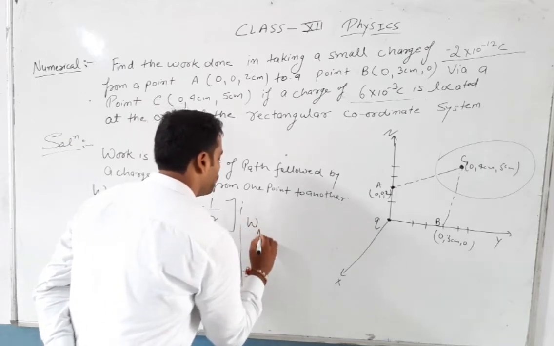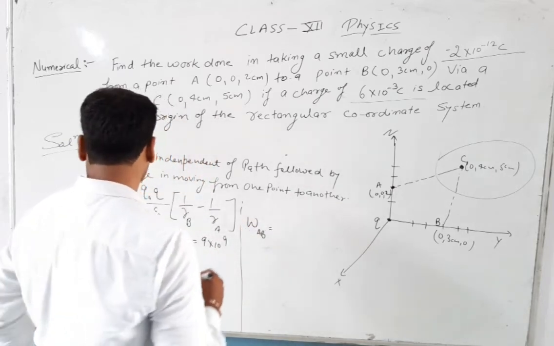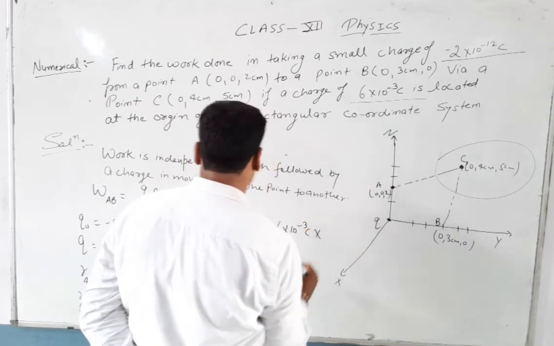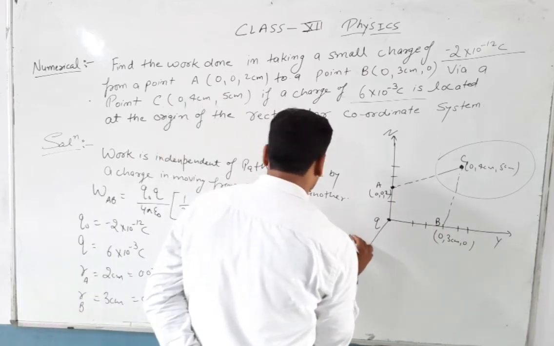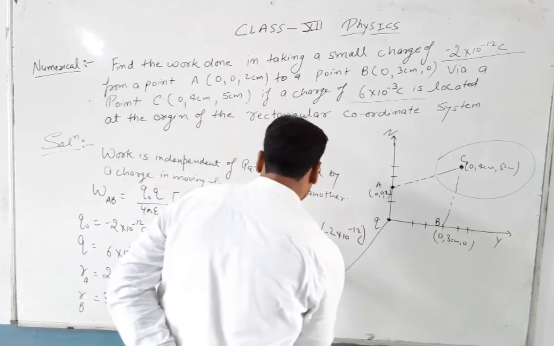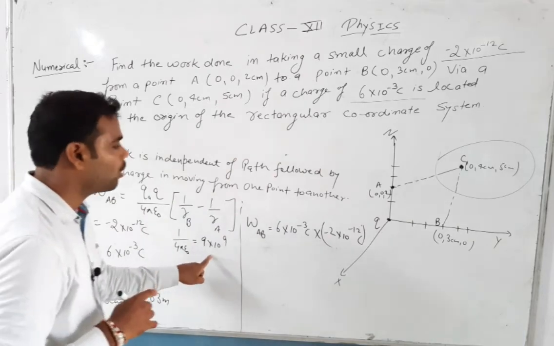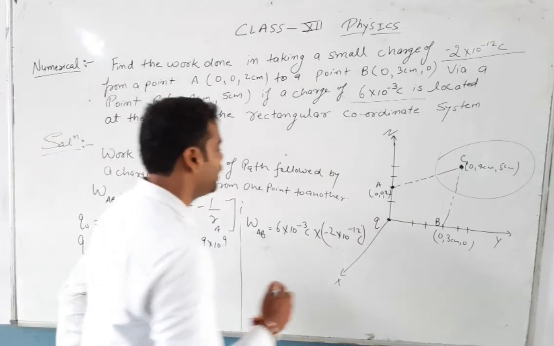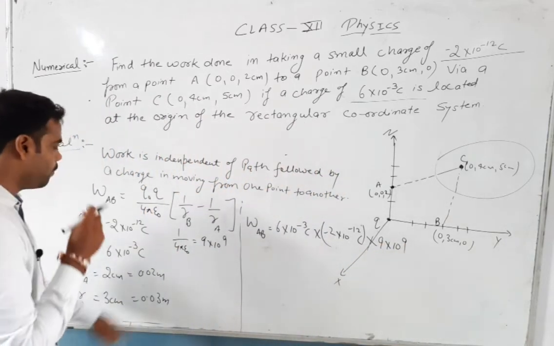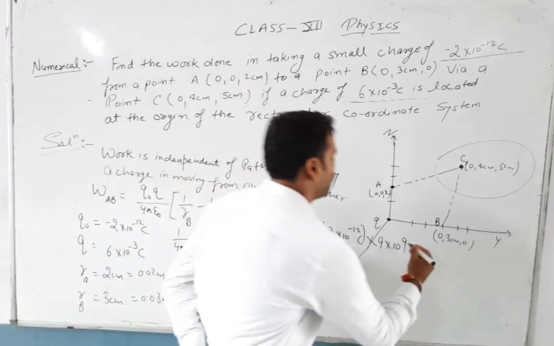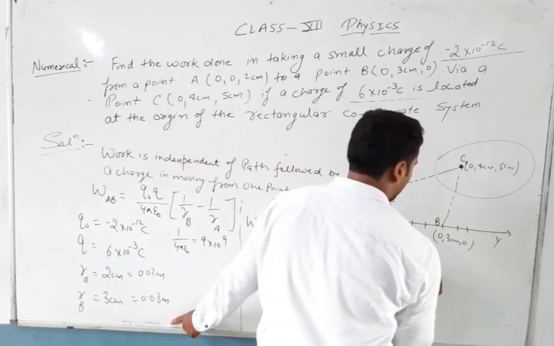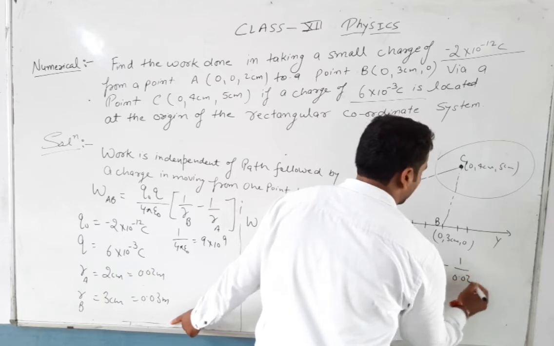So WAB will be equal to 6 multiplied by 10 raised to power -3 coulomb multiplied by -2 multiplied by 10 raised to power -12 coulomb, multiplied by 9 multiplied by 10 raised to power 9, multiplied by 1 upon 0.03 meter minus 1 upon 0.02.